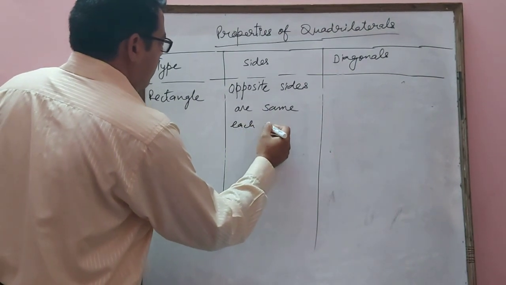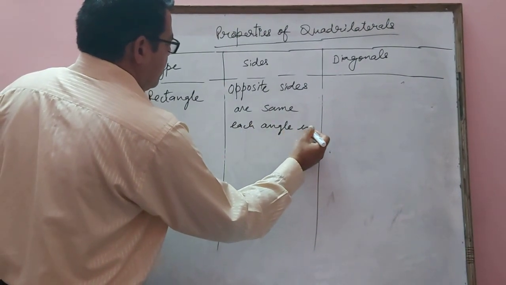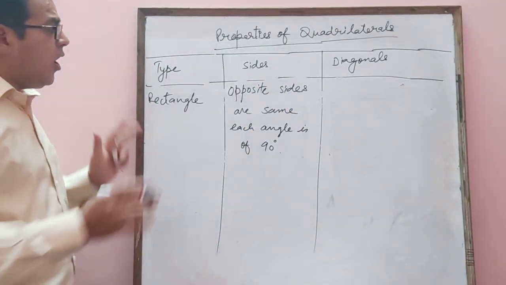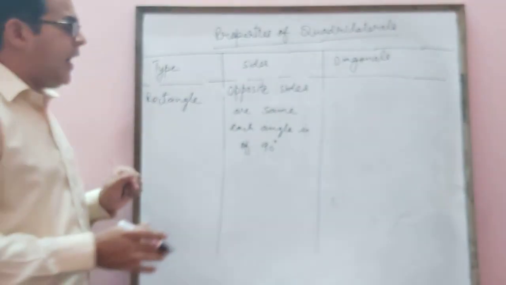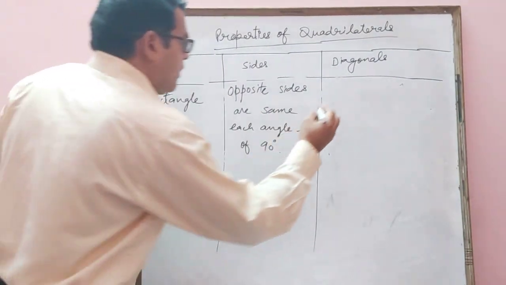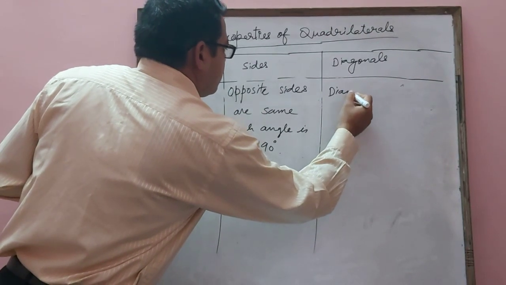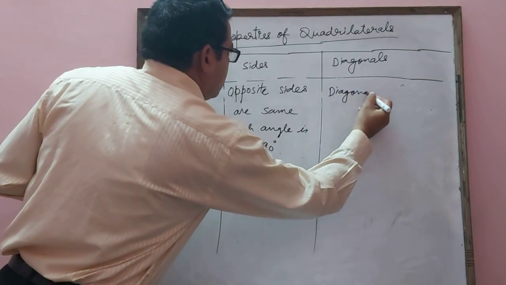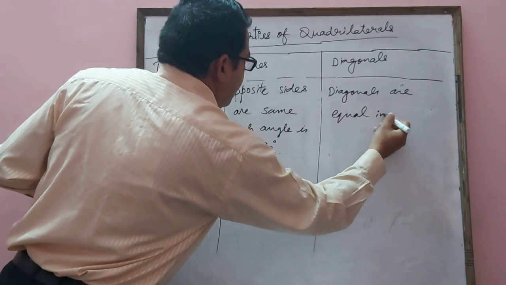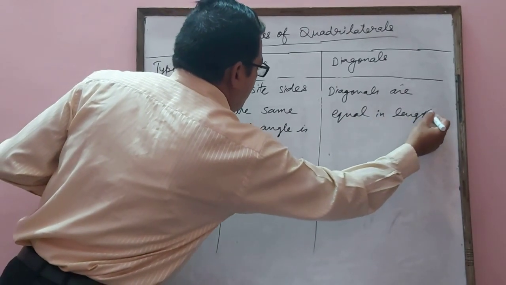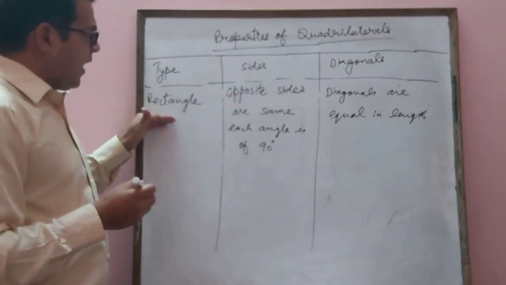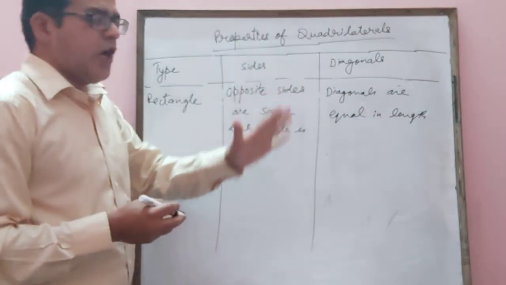Each angle is 90 degrees, right? Opposite sides are always the same and each angle is 90 degrees. What about diagonals? Diagonals are equal in length. This is a very important property of the rectangle in respect of its diagonals, right?